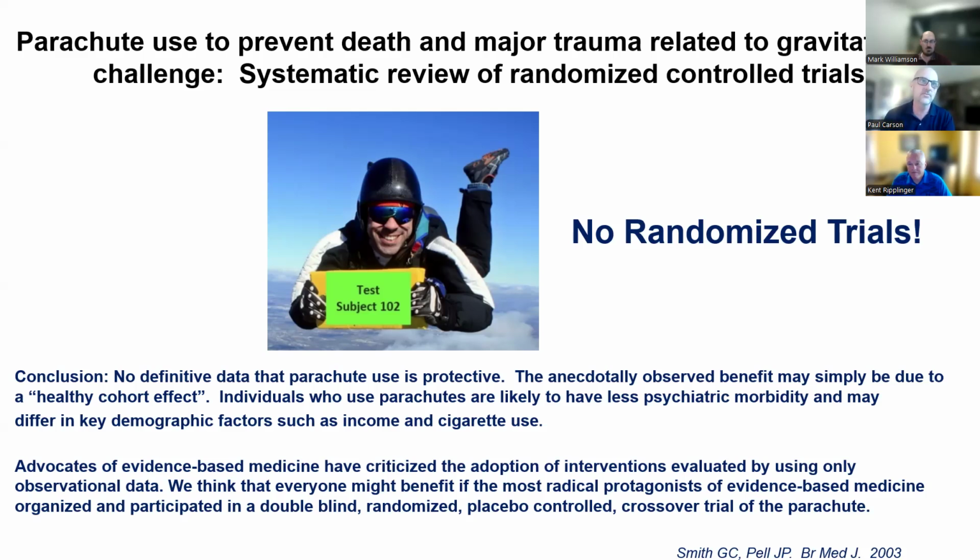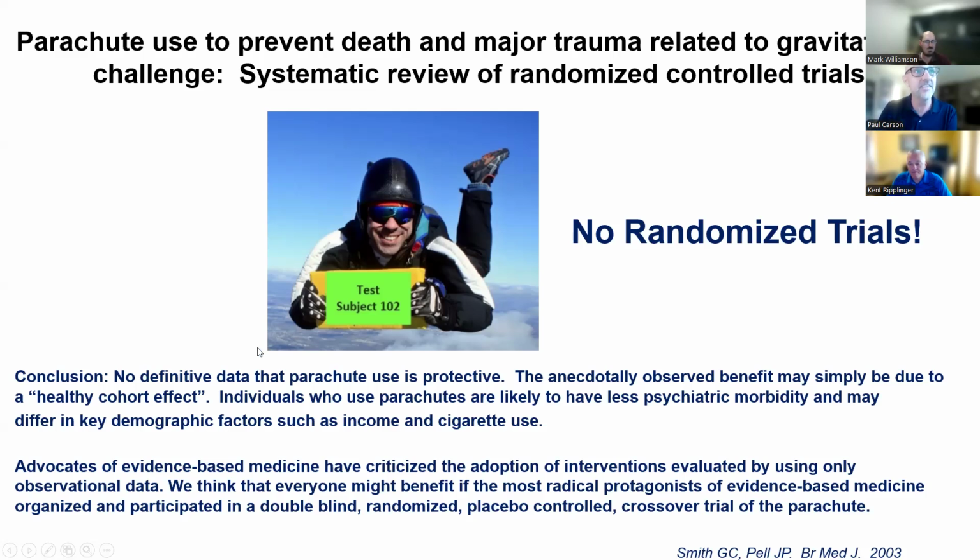And they have this satirical article on parachute use to prevent death and major trauma related to gravitational challenge, a systematic review of randomized controlled trials, with no randomized trials. And then they go on in their satirical way to conclude that there's no definitive data that parachute use is protective. The anecdotally observed benefit may simply be a healthy cohort effect. Individuals who use parachutes are likely to have less psychiatric morbidity, and so on. They go on to make fun here.